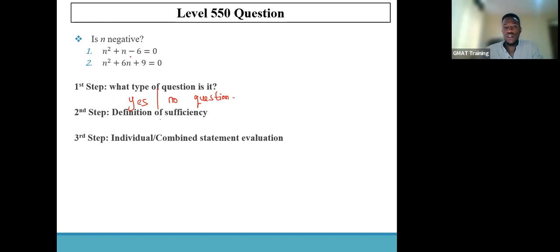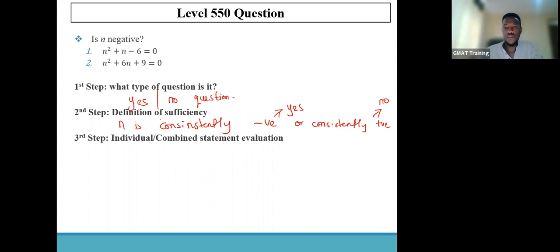Looking at the statements we have here, we would term them sufficient if they indicated to us that n is consistently negative or consistently positive, in which case you would answer the question stem as yes, and in the other case you would answer the question stem as no. There must be consistency in our response. If there isn't consistency, then that statement becomes insufficient.